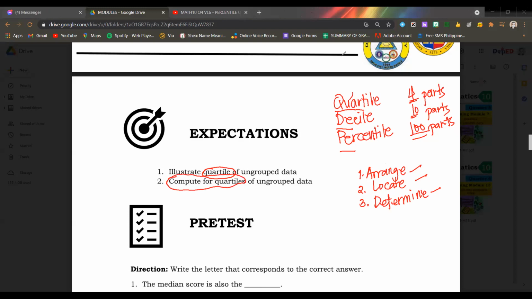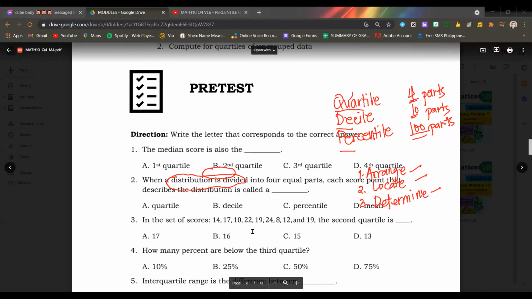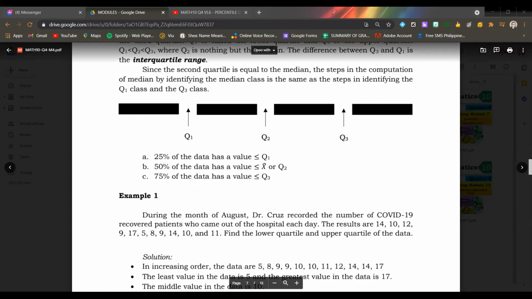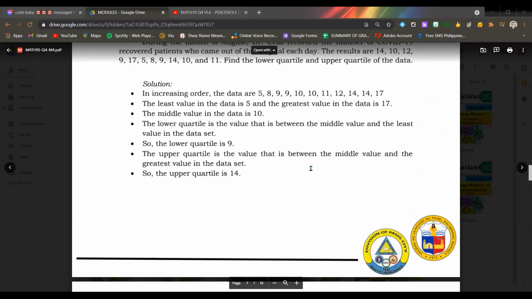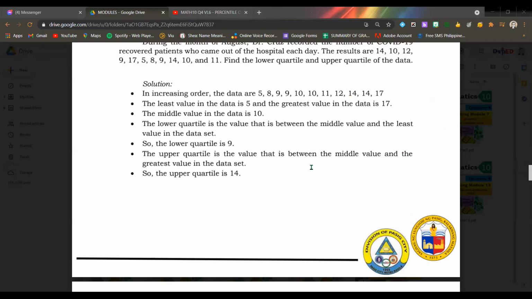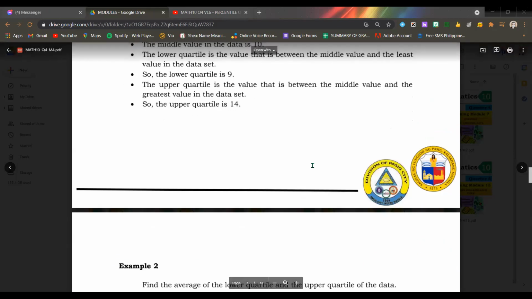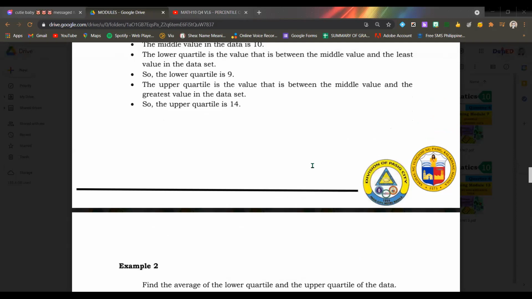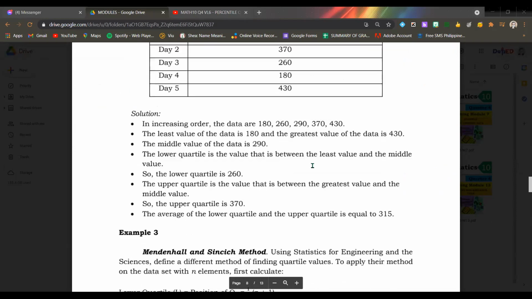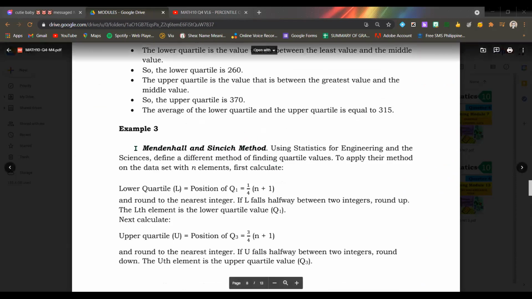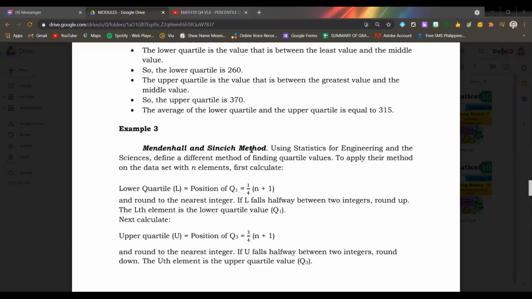So, bago yun, you have to first learn these two different techniques or methods that is used in solving for the quartile, decile, and percentile. Okay? So, ano yun? Yung una is we call Mendenhall and Sincich method. Okay, ito, ang ginagawa natin dito is we rounded.